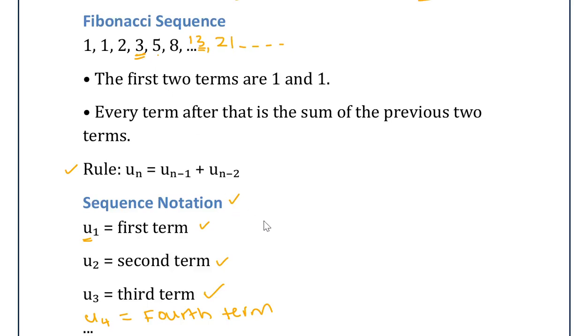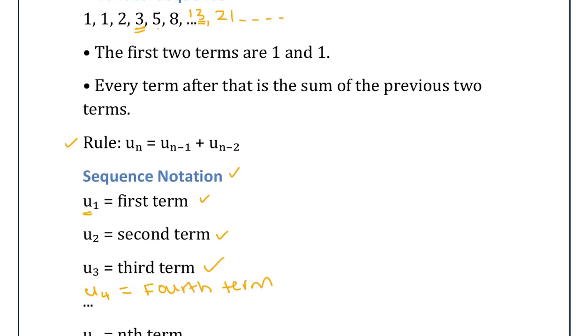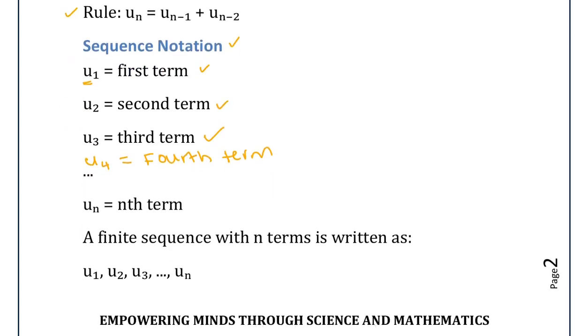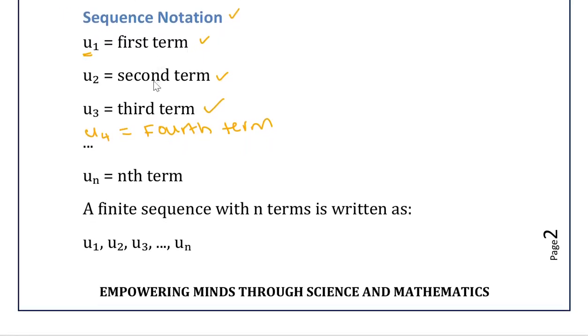It is important for you to know that when we say first term, we do not mean 1, but we simply mean a number which is in first position, or the first number, which is not necessarily 1. That is what you must keep in mind when we are looking at the sequence notation.